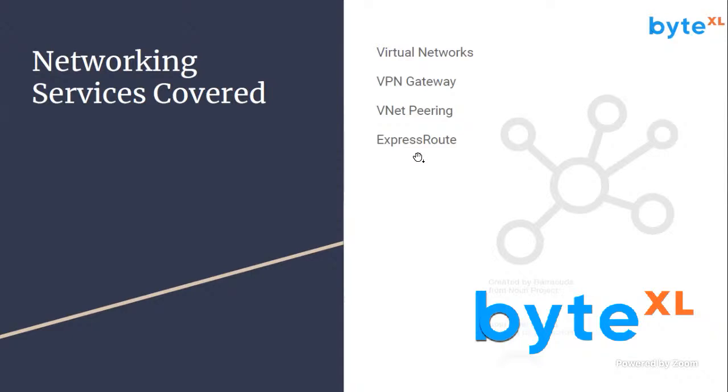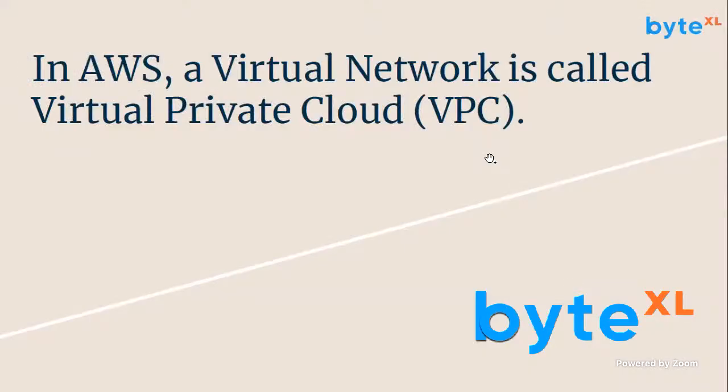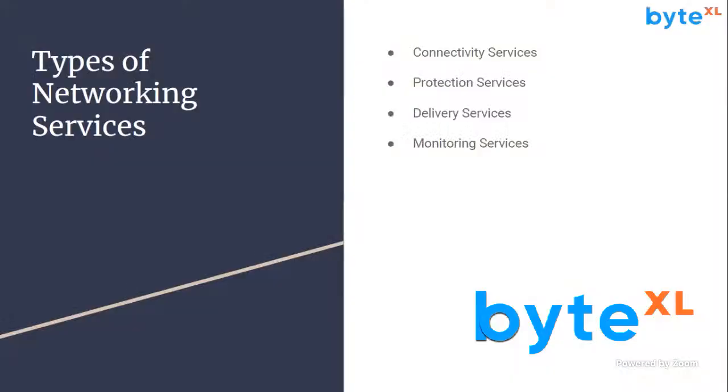So, Azure networking services. In AWS, this virtual network is called a virtual private cloud, or VPC, just for additional information. The networking services in Azure provide a variety of networking capabilities that you can use together, or else use separately as well.